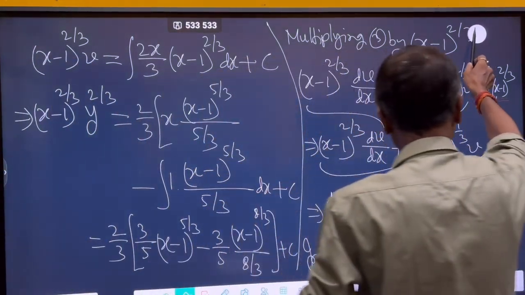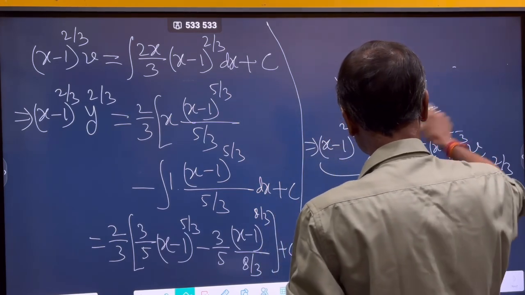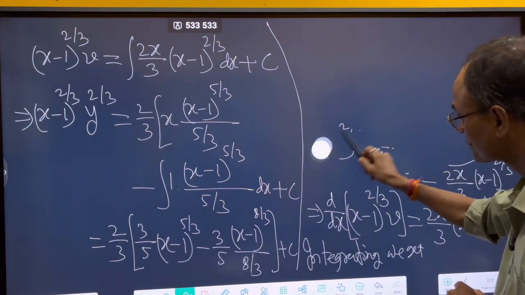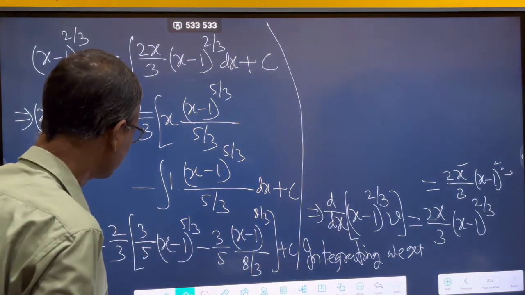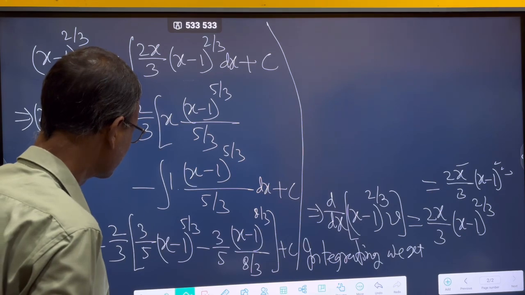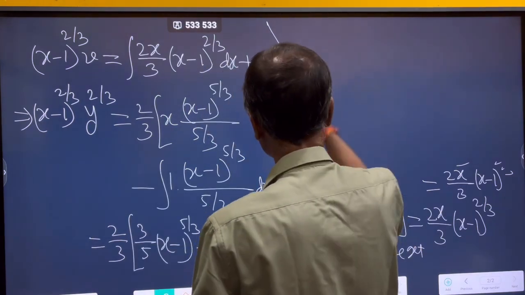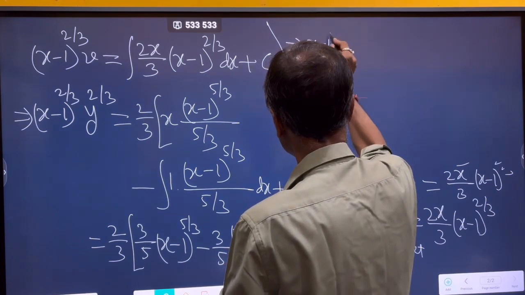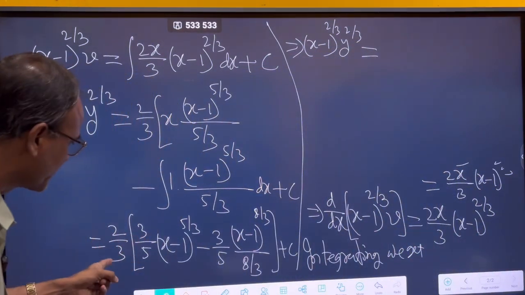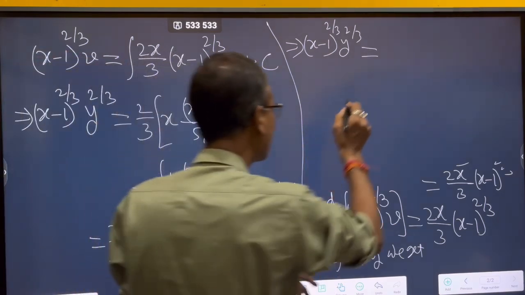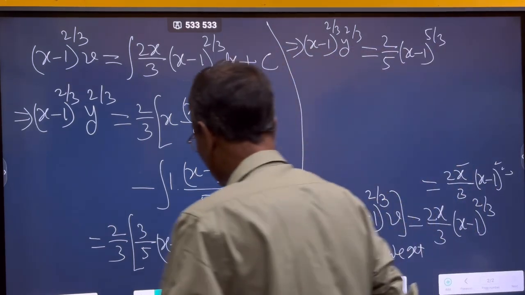Now you see here, (x - 1)^(2/3) times y^(2/3) will be equal to, just multiply this by 2/3. The 3 will be cancelled, giving 2/5 (x - 1)^(5/3).